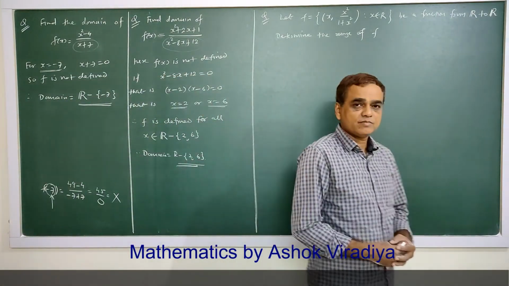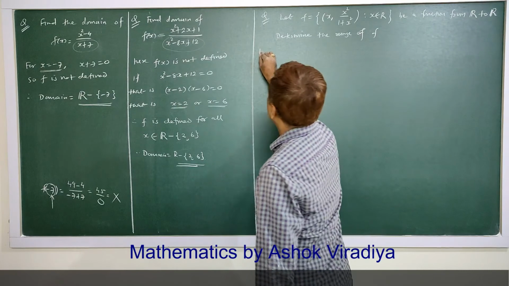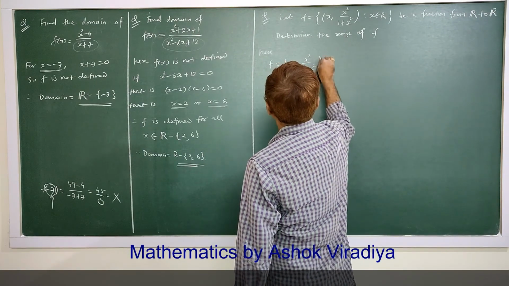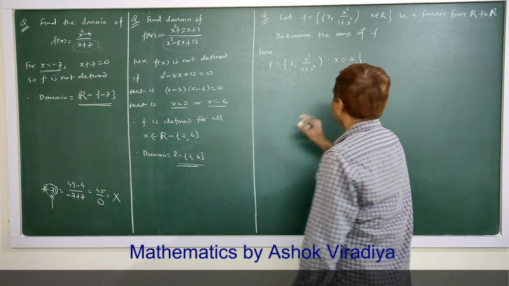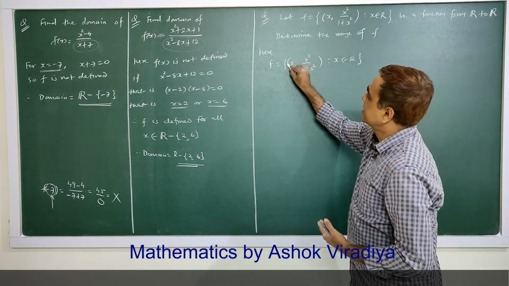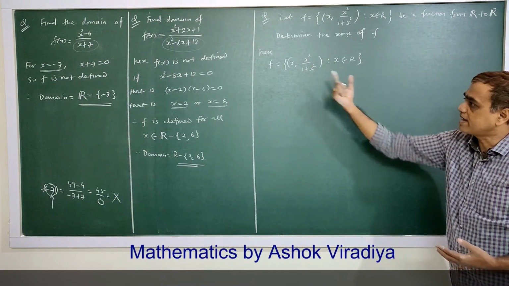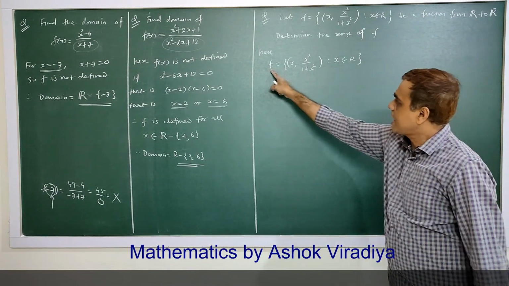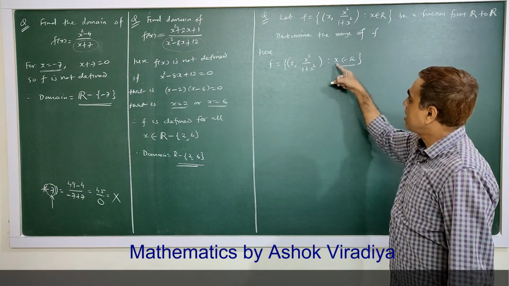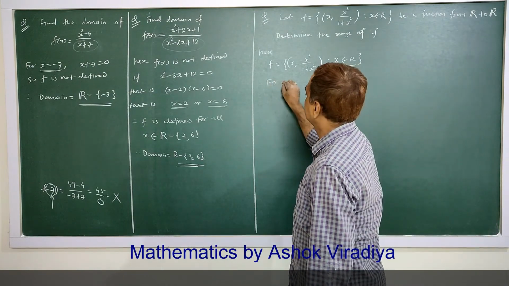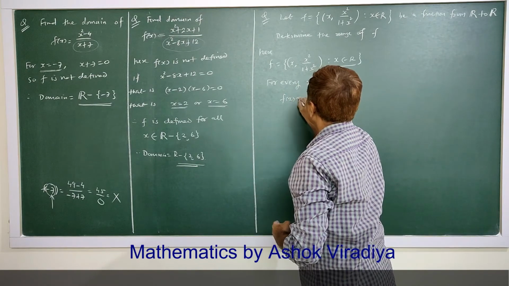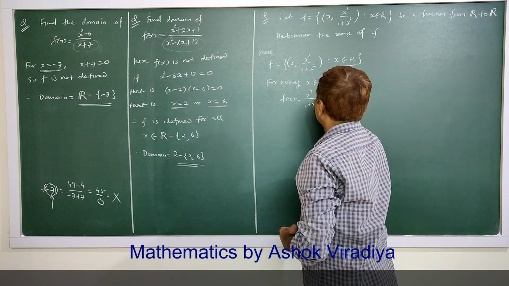Now in this question, here f is x squared upon 1 plus x squared, x belonging to R. The function is expressed in set form, a set of ordered pairs, which means the formula is f of x is x squared upon 1 plus x squared for all x belonging to R. It means for all x belonging to R, f of x equals x squared upon 1 plus x squared.